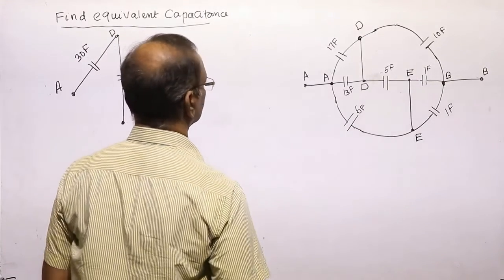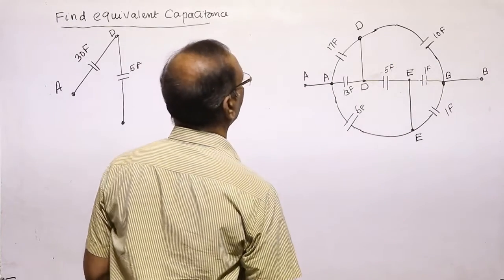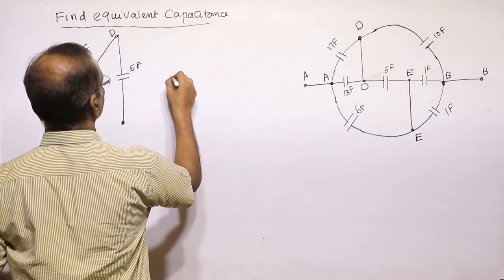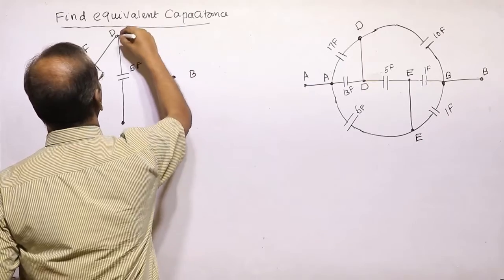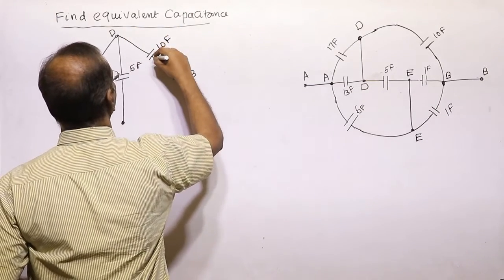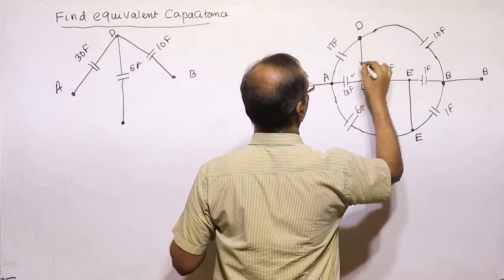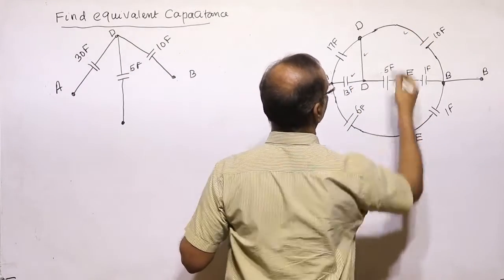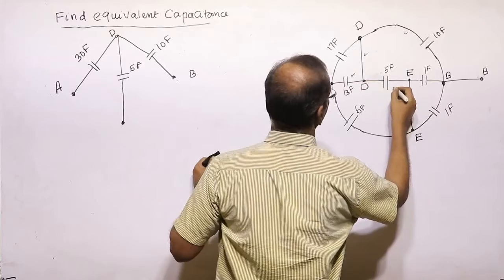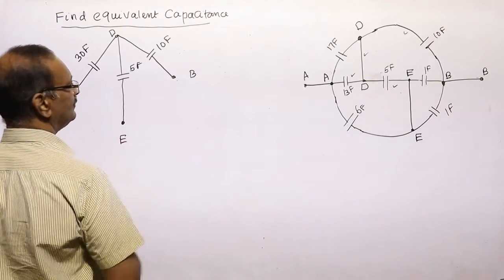Then again D to B, there is 10 farad. We keep this point as B. There is 10 farad between D to B. So this we have calculated, and D to E also we have calculated.